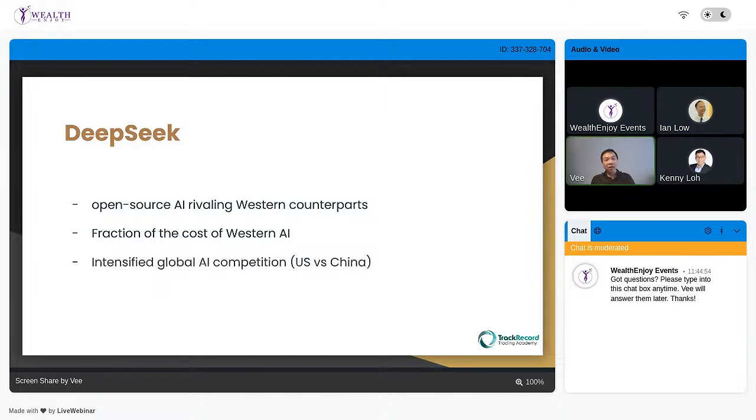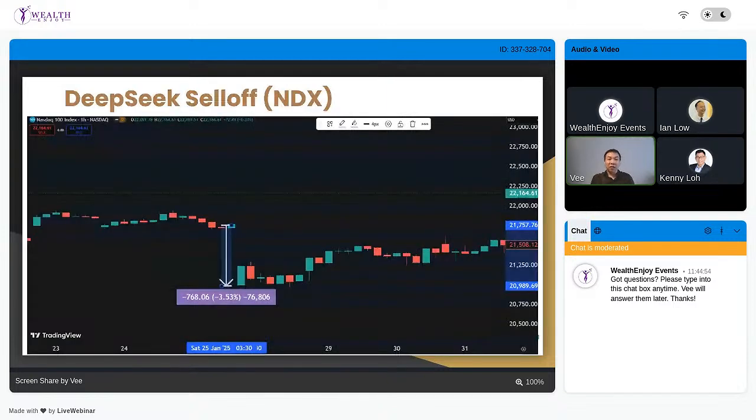So when they announced this, there was a sell-off in US tech close to 4% on a Monday open, because DeepSeek announced over the weekend that they had figured out how to create a clone of OpenAI's ChatGPT for a fraction of the cost. So everybody didn't know what that means. It could mean that nobody needs to buy any more NVIDIA chips. Of course, that's very much overblown. But the first instant reaction is get out, right?